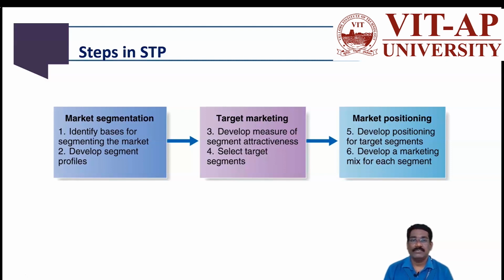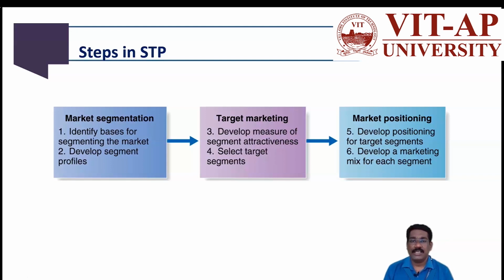The first one is that the marketer tries to identify the basis for segmenting the market, and based on the selection of that particular segment, they try to develop the segment profile: what are the characteristics and what is the behavior of the consumers in that particular segment. They try to capture that.